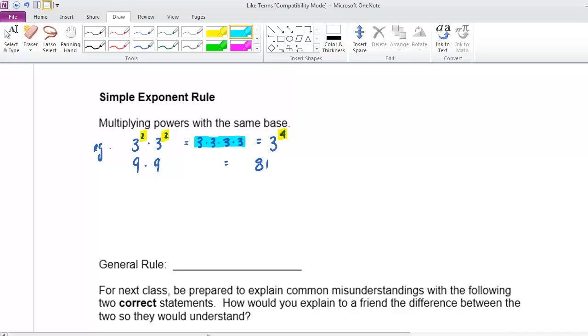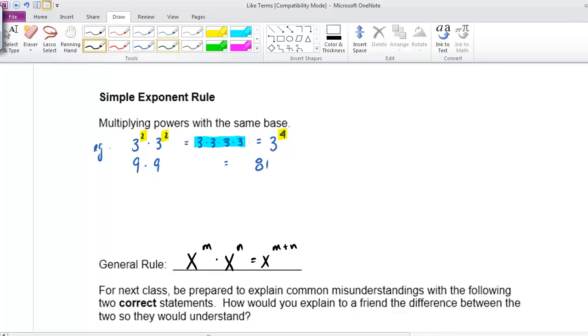But if I had 3 to the 50 times 3 to the 50, I wouldn't want to write out 3 100 times and then count them all up. So here's our exponent rule really quickly. X to the m times x to the n is equal to x to the m plus n. So this is our general rule.